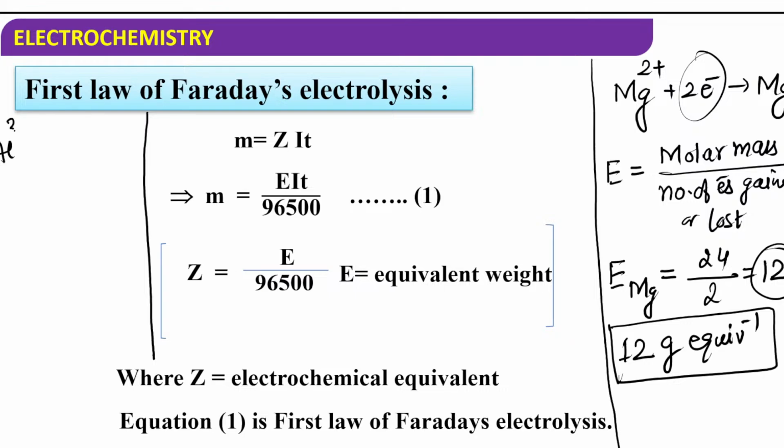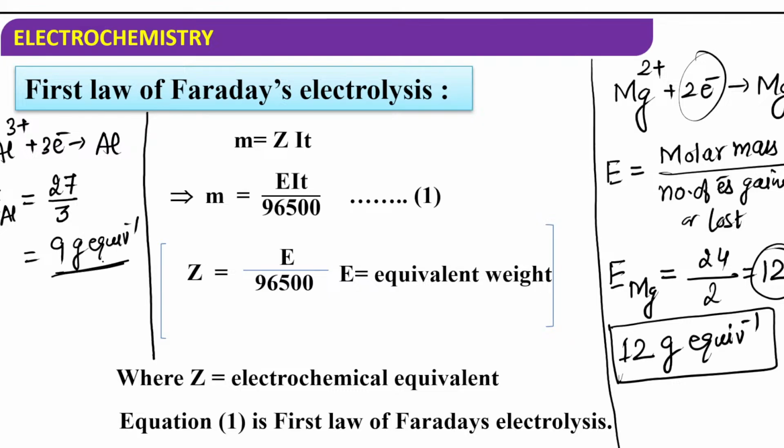Same if we have aluminium. In case of aluminium, it gains 3 electrons. So equivalent weight of aluminium is molar mass of aluminium, that is 27, divided by 3. So that is 9 gram per equivalent.